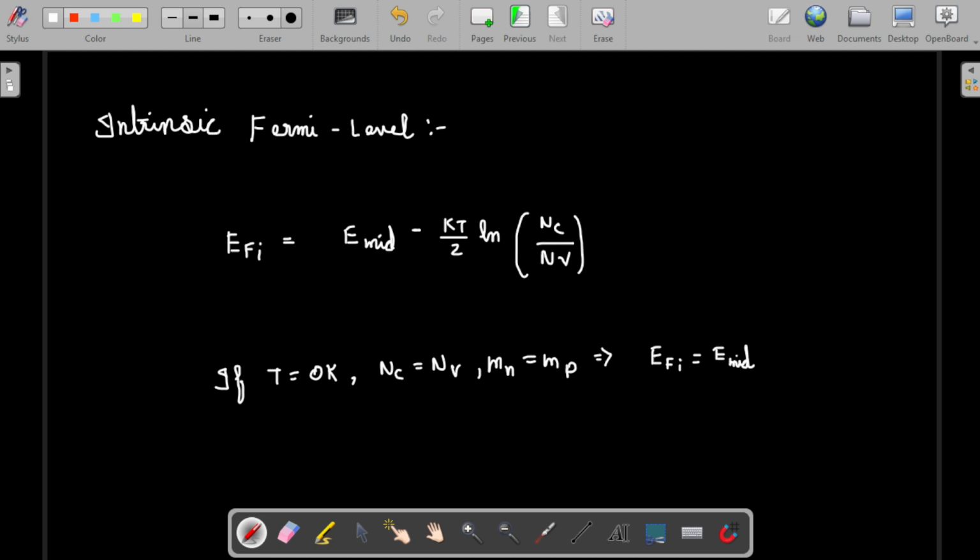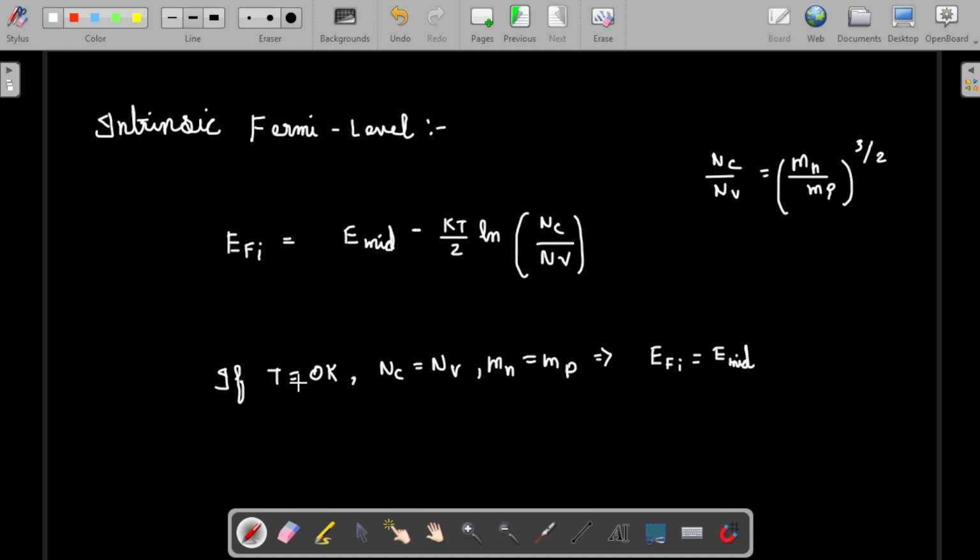Okay, I'm sure it is understood for you guys, because we know the formula, right? NC can be written, and NV likewise, in terms of Mn and Mp to the whole power 3 by 2. These are the effective masses of electrons and holes, not protons. So I hope it's understood for you guys.